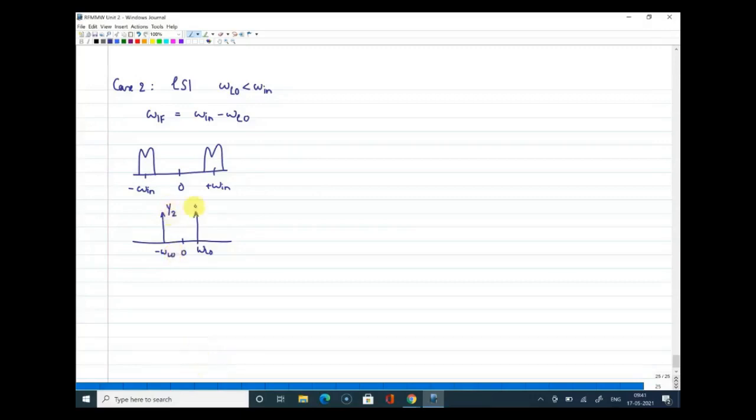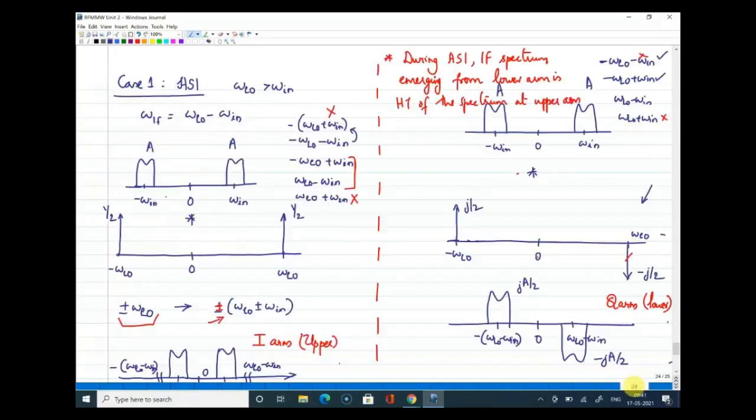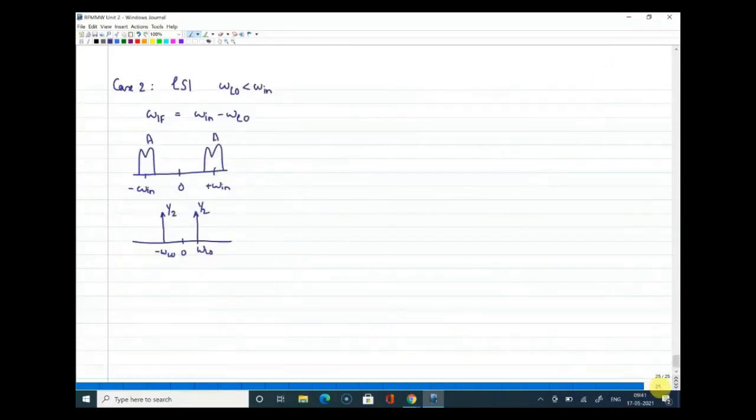With the amplitude of half, I think in the previous example I have taken it as A by 2. So this is the I arm LO signal, and if you perform the operation, you will get a signal here at omega in minus omega LO and minus of omega in minus omega LO.